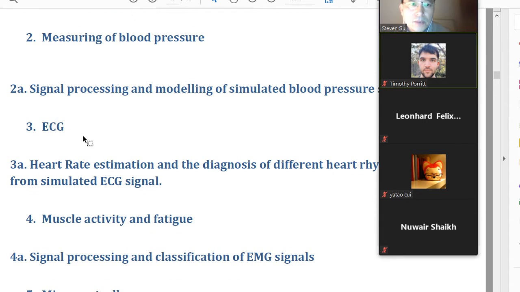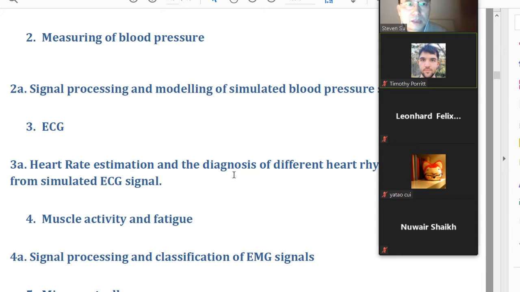And also the ECG one. We generated the ECG using MATLAB, and because this is not a normal ECG signal and has some diseases, you can use the MATLAB Classification Learner to classify whether it is a healthy ECG or a non-healthy ECG.